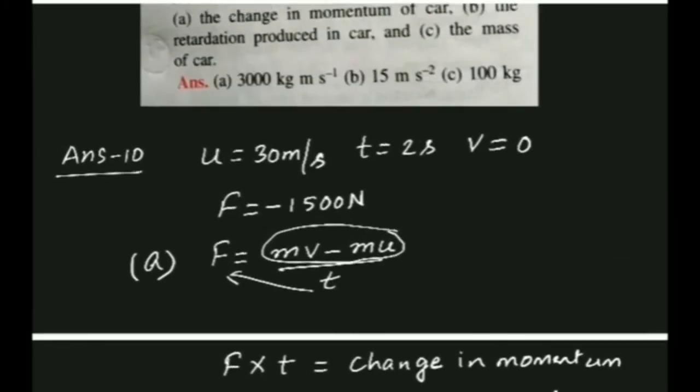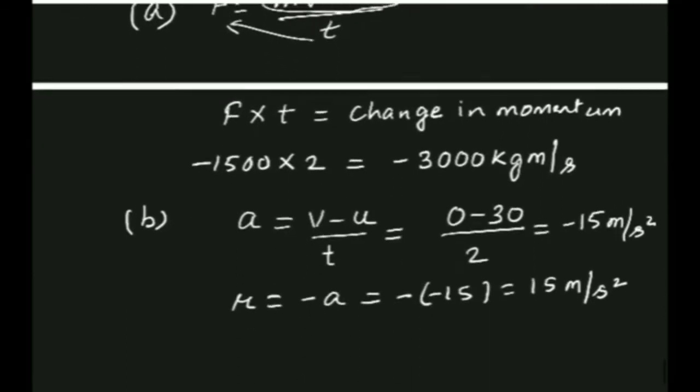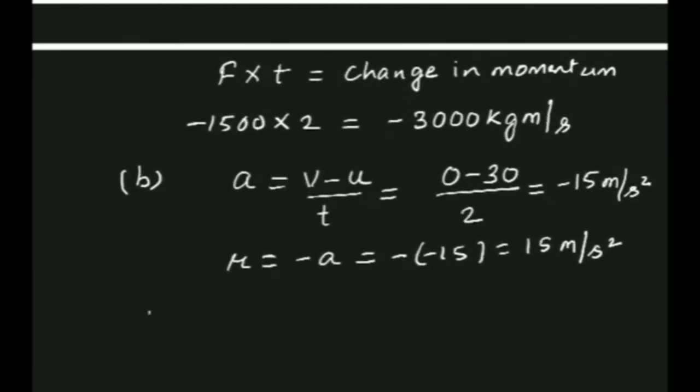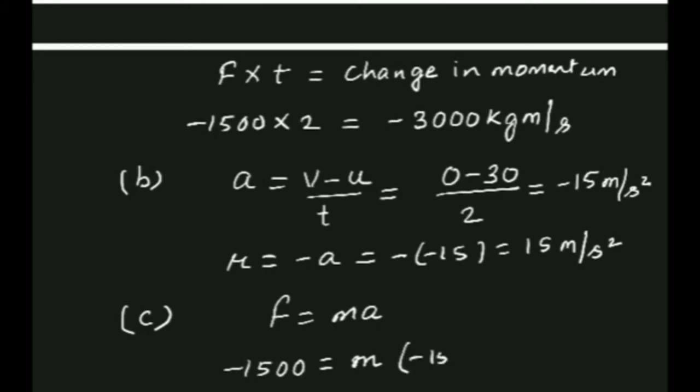Then the mass of the car. We will apply Newton's second law of motion formula. F equals ma. F is minus 1500, mass we have to calculate, acceleration is minus 15.